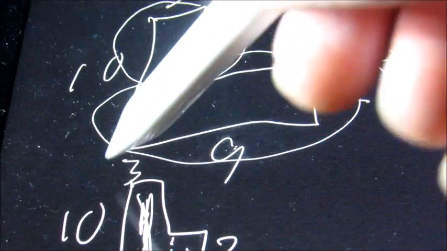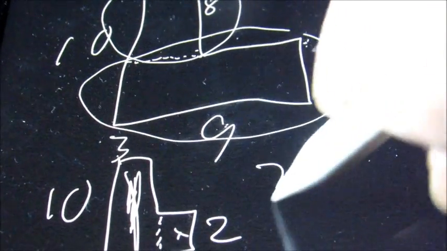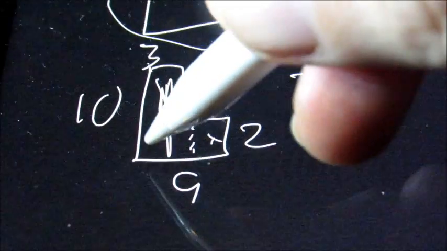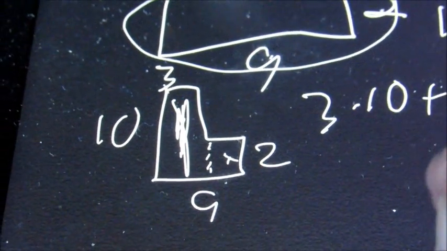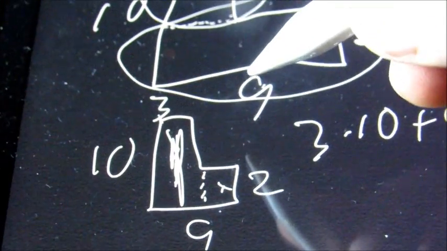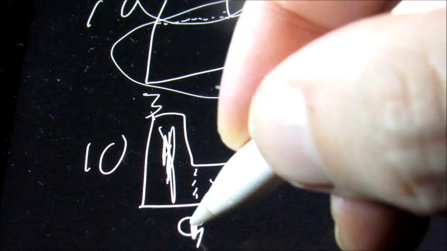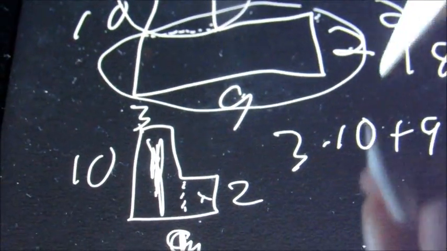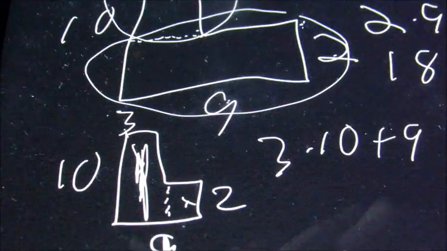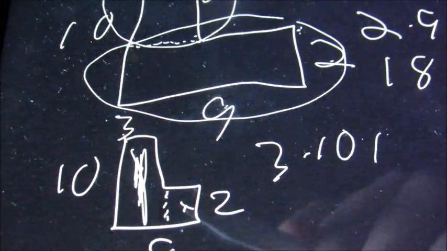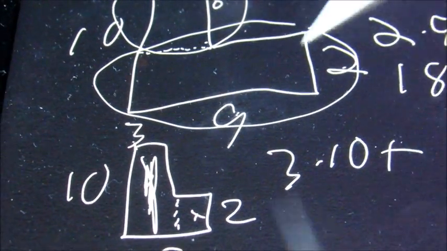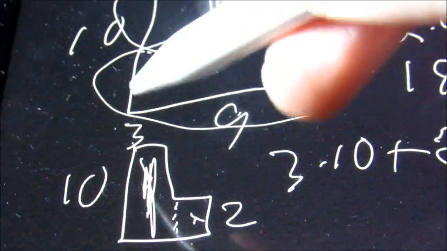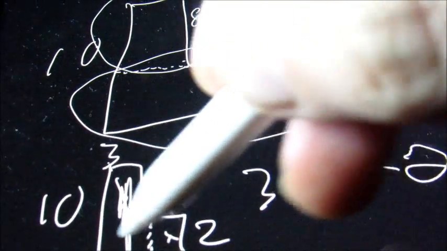So here, this one is 3 times 10, and plus, we still have the same height, which is 2, but we no longer have the full length.